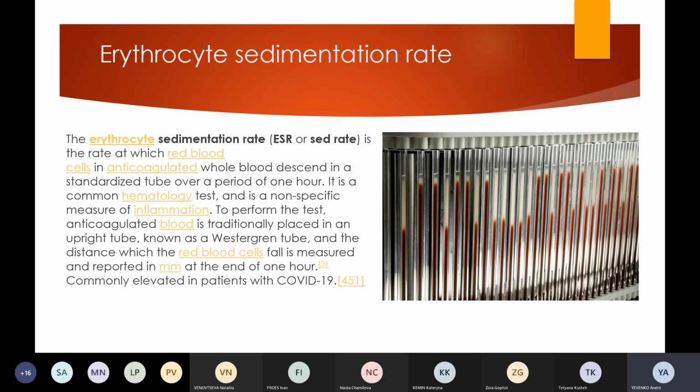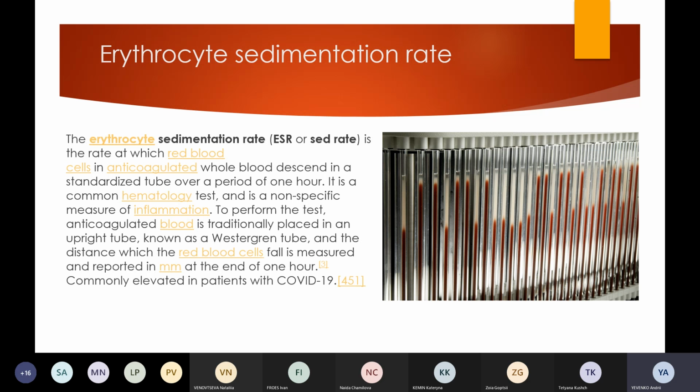It's an older type of test, but it is very robust, and it can tell the physician whether there is an inflammation in your blood. Not only COVID-19, but all kinds of infections and some other conditions can be discovered by the erythrocyte sedimentation rate test.